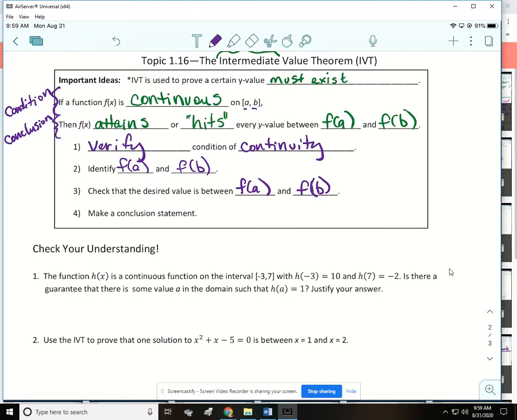So since f of x is continuous on a to b, and f of a is less than whatever that value is less than f of b, or you flip the order, the IVT guarantees there's some value, whatever we're looking for, on that interval such that f of that value equals what you're looking for. So we're just basically going to say that statement over and over again for each one of these problems, just filling in different blanks.